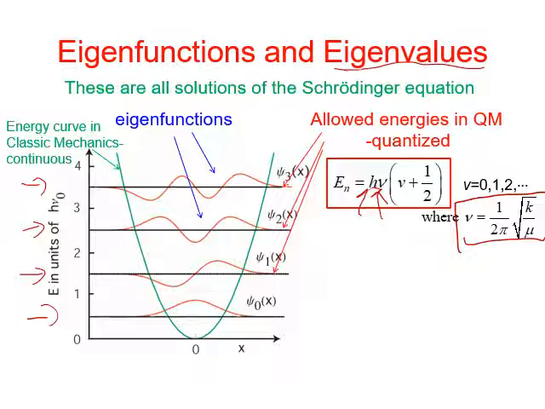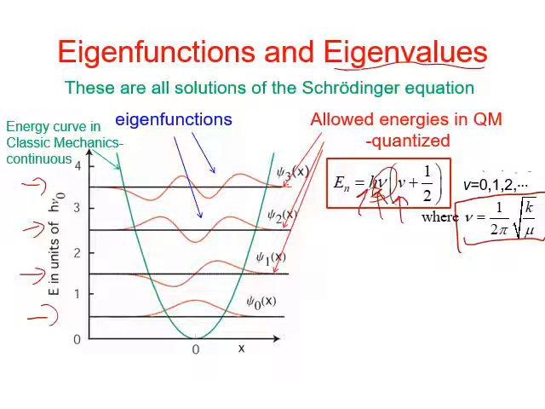So it's interesting to see that when we solve the Schrödinger equation, the allowed energy is proportional to the natural frequency that comes from classical mechanics. Now, v is a quantum number. Allowed values are 0, 1, 2, 3, 4.